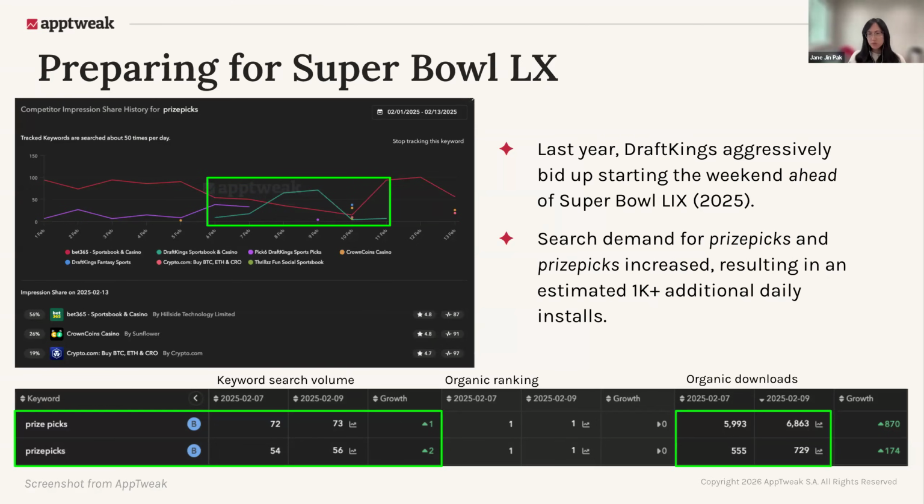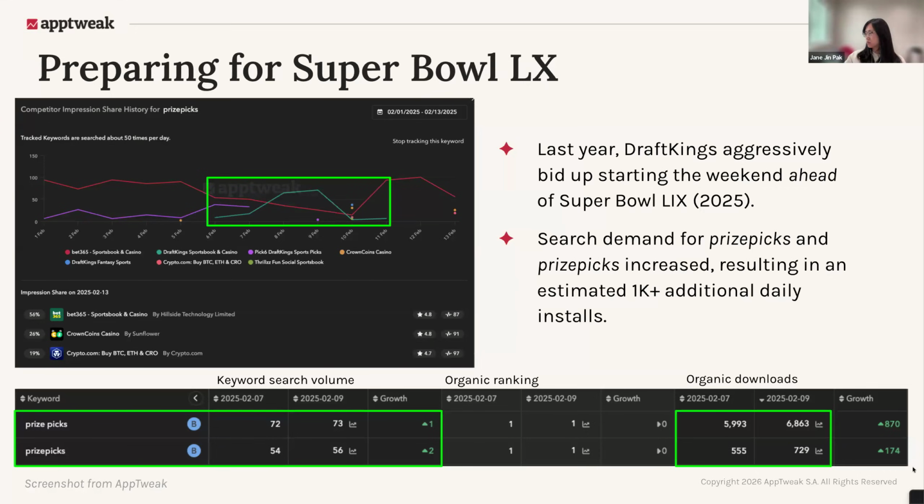We deployed a bid and budget schedule about 3 to 5 days leading up to the actual game day, and then the bid was reset automatically the following day. Not only did we increase our bids, but we also scheduled our spend across specific windows of when we anticipated the demand would be higher.